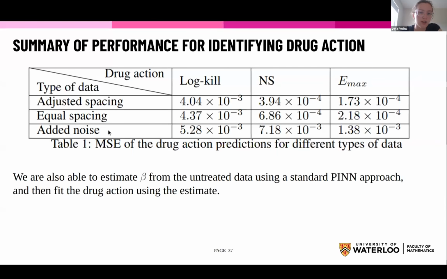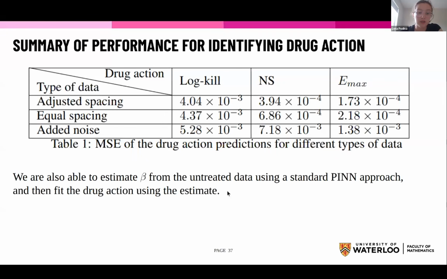And then there's a third case where I took the adjusted spacing and just added noise. So the error goes up as you add noise, and equal spacing performs worse than adjusted spacing. But overall, the error for all 3 drug actions is still fairly small, and as seen on the graphs, you can see the overall shape as well.